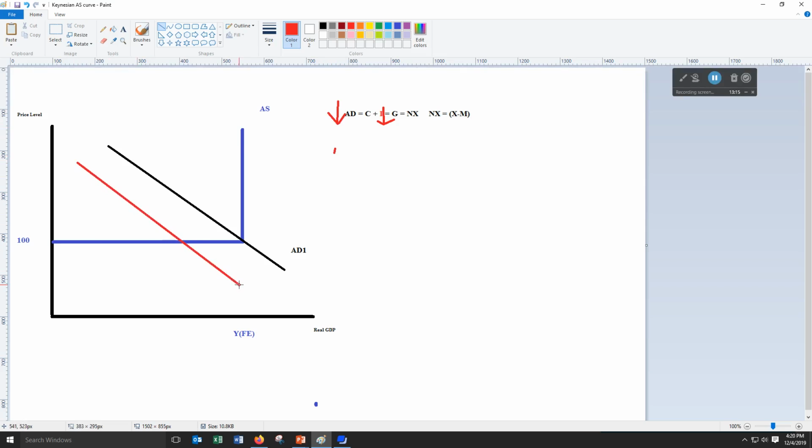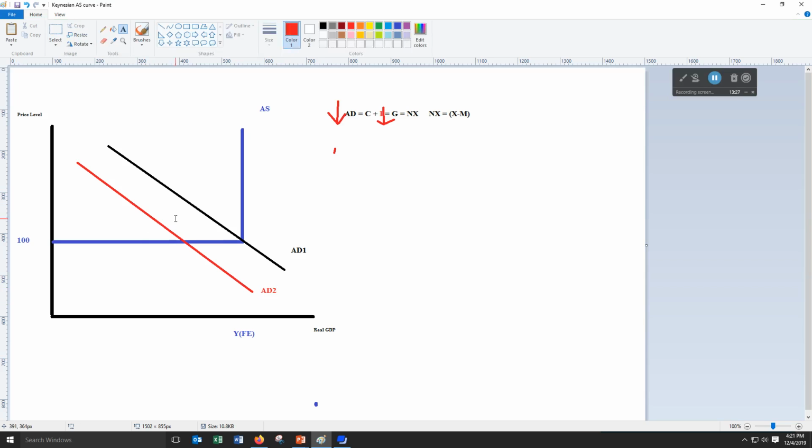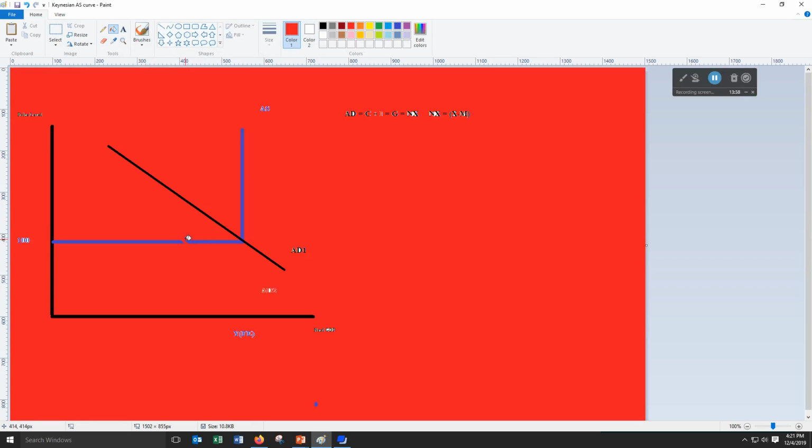So this aggregate demand curve is going to decrease here to AD2. And output is going to fall here.